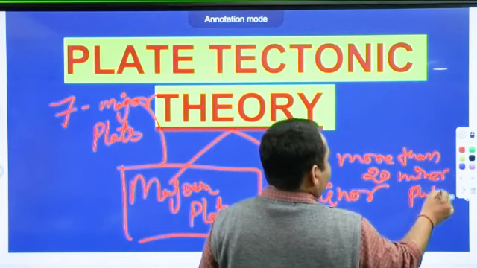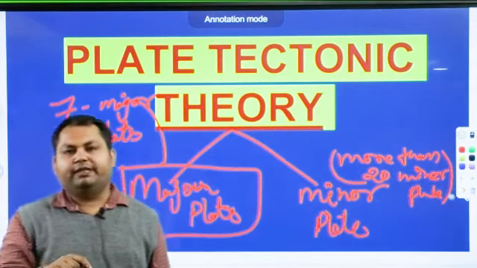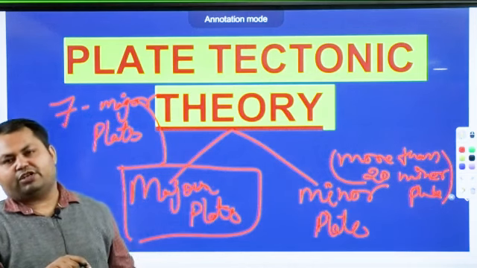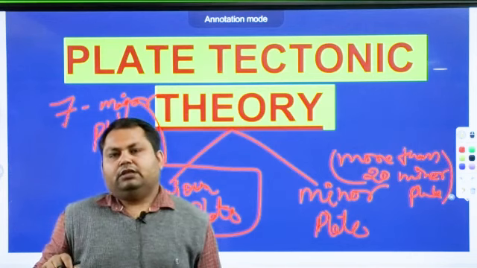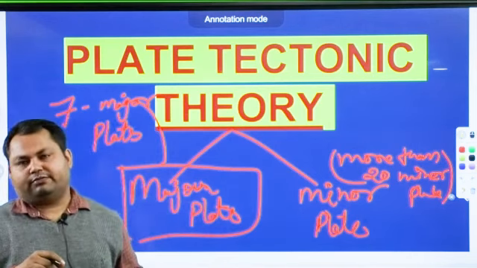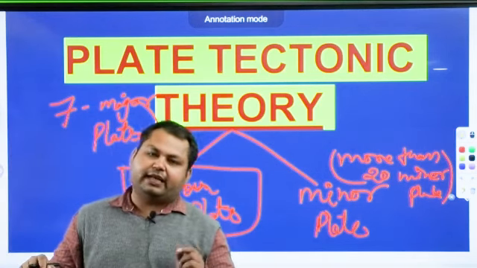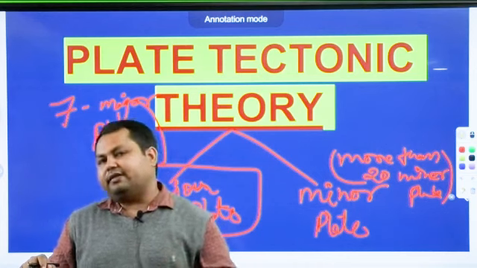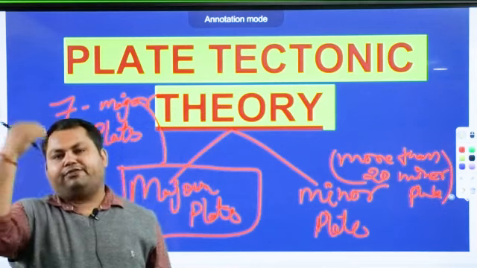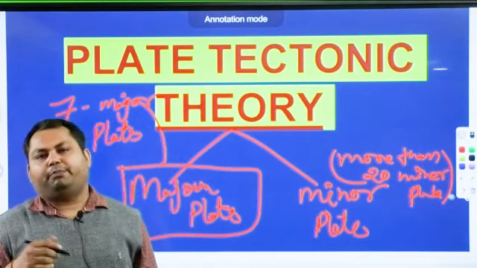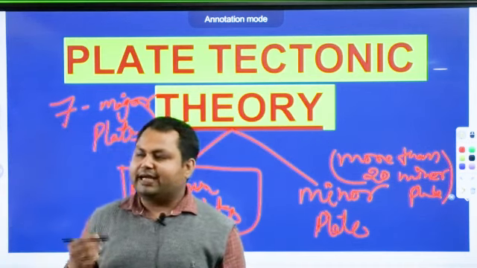These plates are continuously moving under the influence of convection of magma created through disintegration of radioactive minerals. This convection cycle of the magma is responsible for the movement of the plates, meaning the continental crust as well as the oceanic crust, in multiple directions.